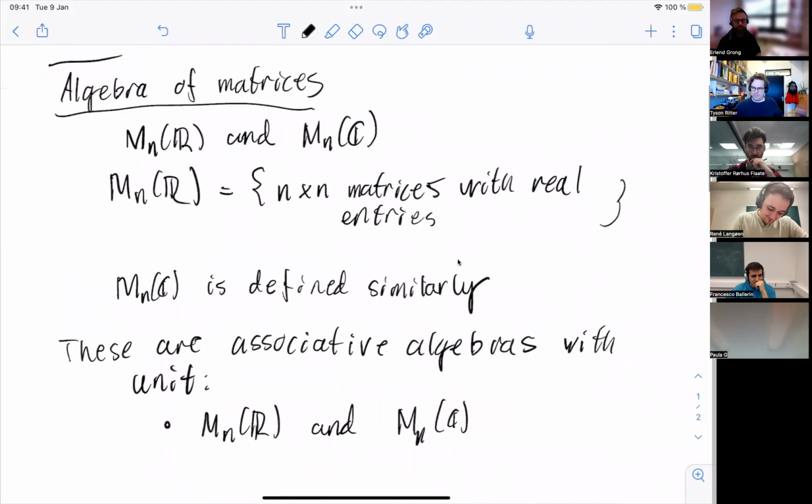So what I've done is I've repeated the definition of a space that we're going to use all the time, which is the space of all matrix Lie groups, either real or complex, n times n matrices.